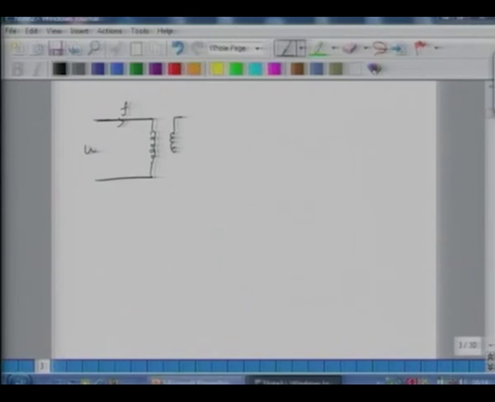And on the acoustic side, my across variable is volume velocity and my through variable is pressure.